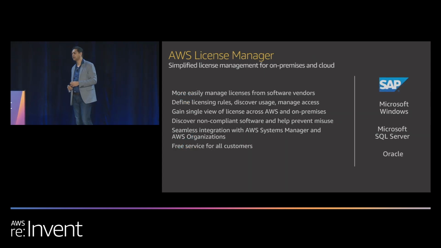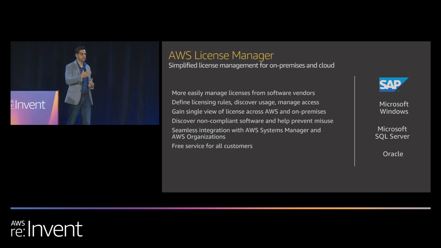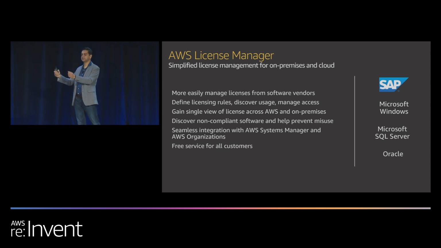The next thing I want to talk about in this space is License Manager. A lot of customers use third-party software, such as software from SAP, Microsoft, or Oracle, and they need a way to track the usage of these licenses and make sure it's compliant with what their contract requires.